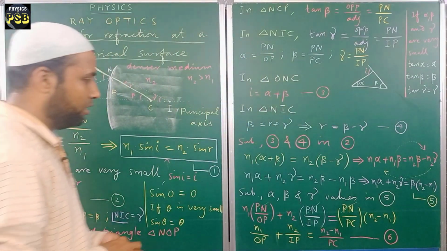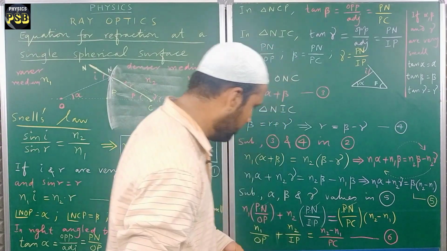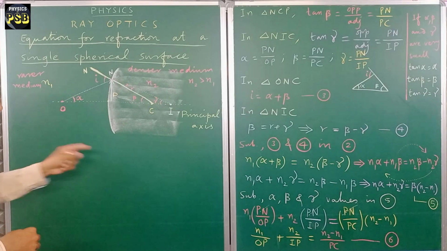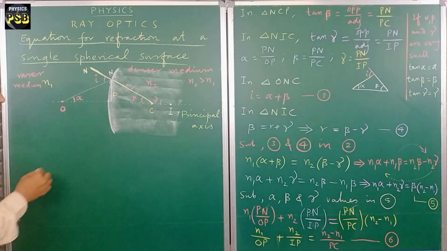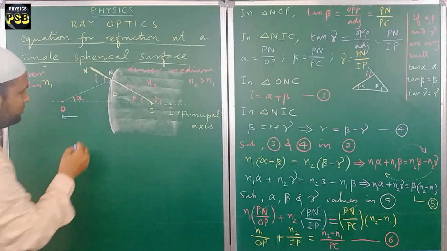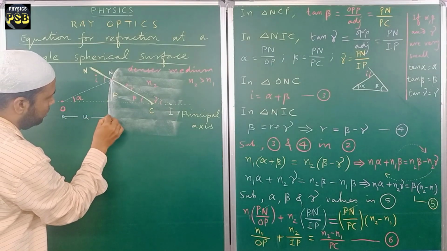Okay. Now I am going to substitute the value of OP, IP and PC in this equation to get the final expression. From the diagram, the value of OP is nothing but U. It is the distance between the object and the pole.